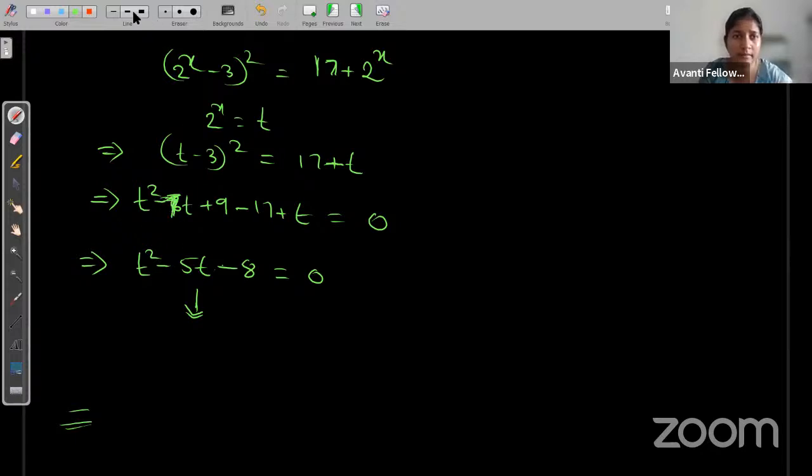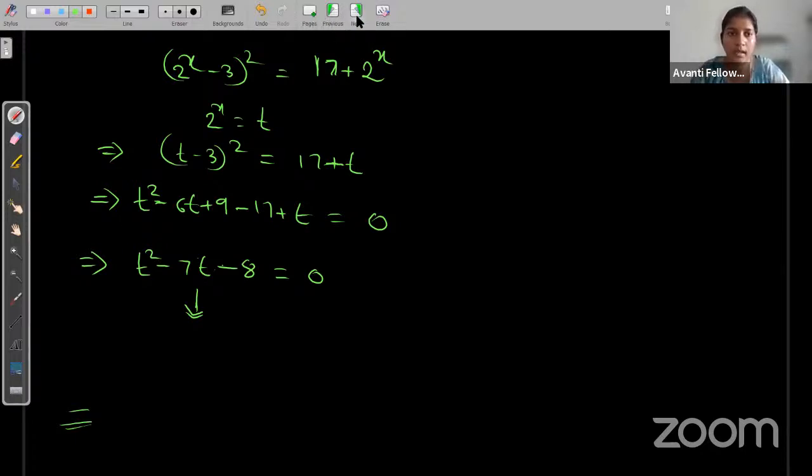This is minus 7t. Minus 6t, so this is minus 7t, okay? t square minus 7t minus 8 equals 0. Just compute it and tell me the value of x in tomorrow's class. I hope this is clear to you all. I find no one has a doubt. So if no doubt, then we'll move ahead with the next one.